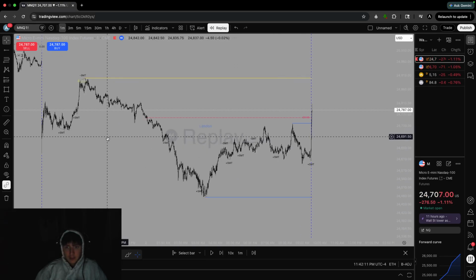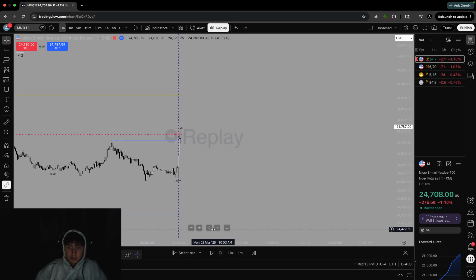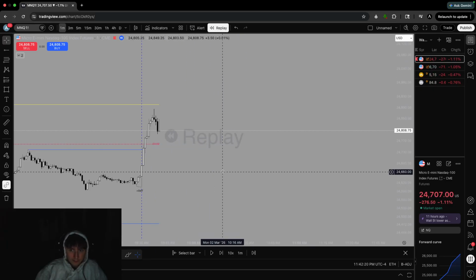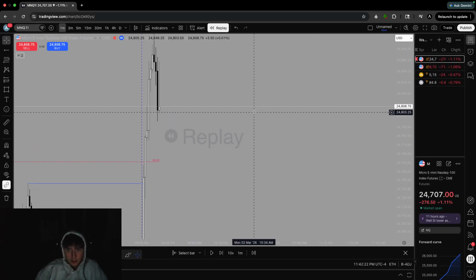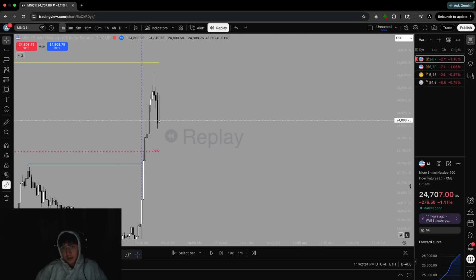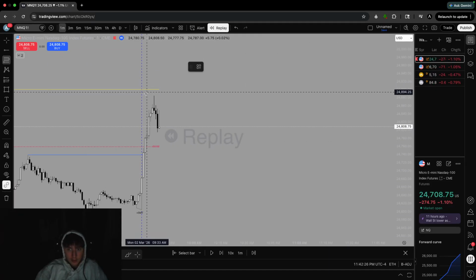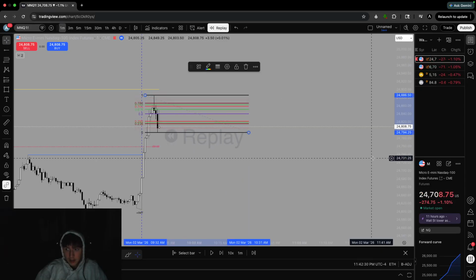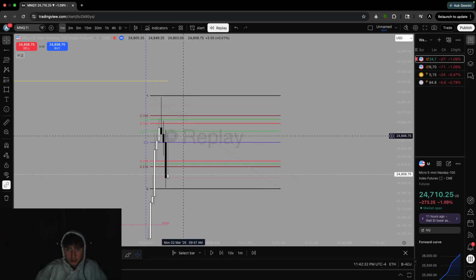What we're looking for is sweep of liquidity. There's our sweep. Inversion. Inversion. We did invert it. Okay. Then we did... not. We did not.